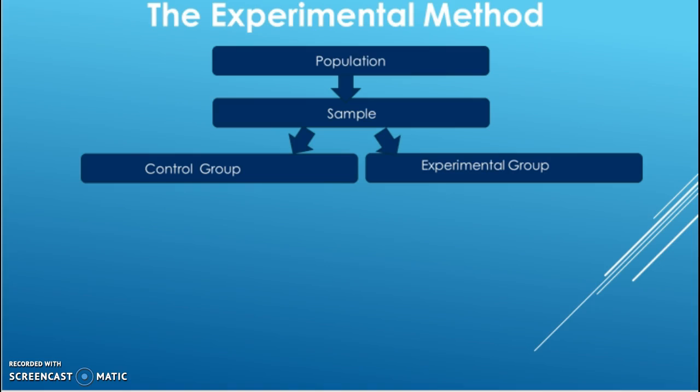Once the sample was selected, then we have to randomly put them into either the control or experimental group. This is critical to the study because by randomly selecting which group participants go into, then any other variable should be evened out so that each group is as closely identical as we can get them.